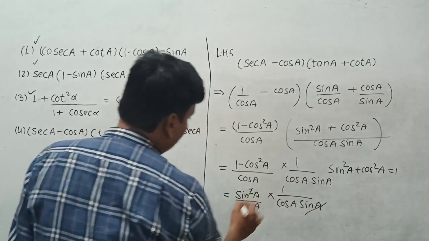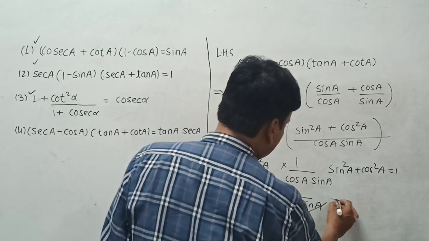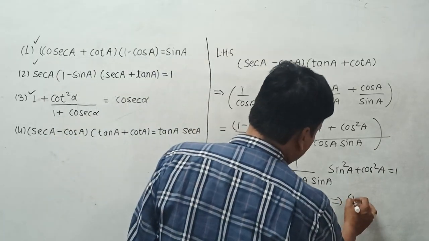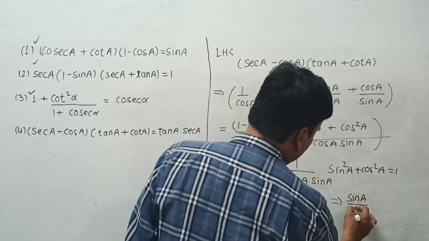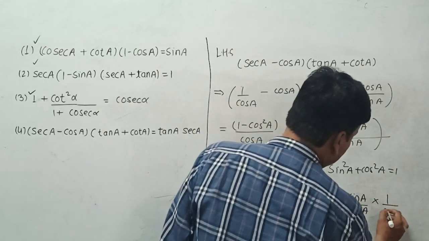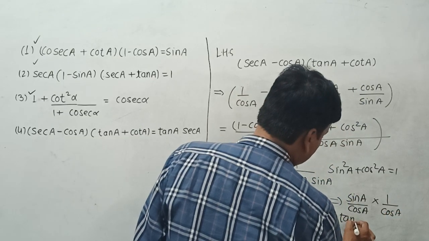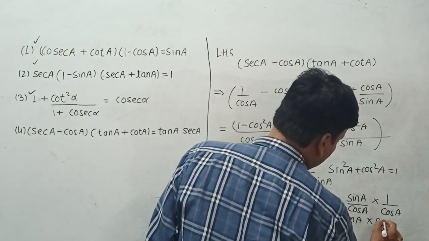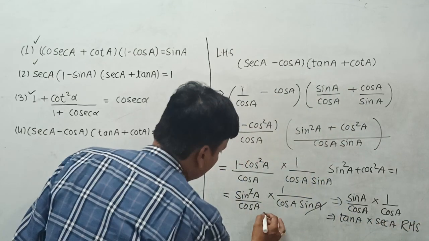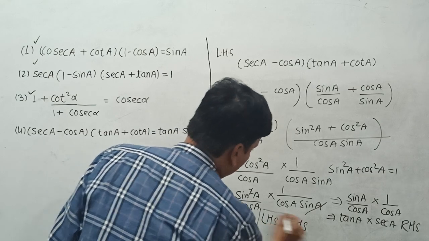This side will cancel out this, so we will get, here is one sin a is more, so that is sin a upon cos a into that is 1 upon cos a, that is tan a into that is sec a. So LHS is equal to RHS. Good.